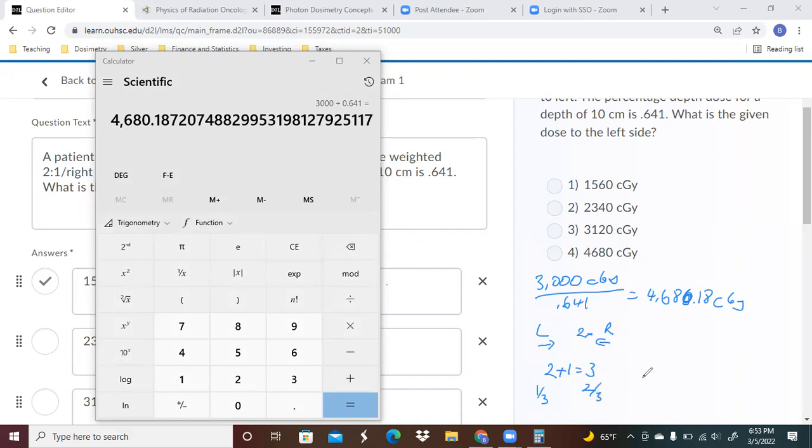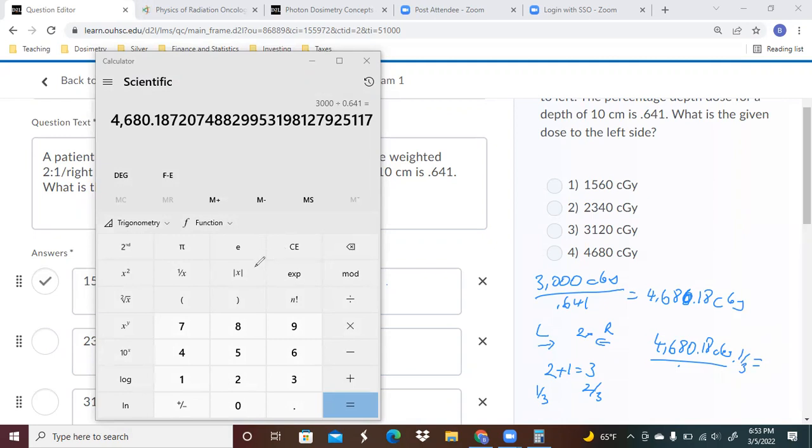The right side is going to have 2/3 of the weighting. That also means 1/3 of the dose is coming through on the left side, whereas 2/3 of the dose is coming in on the right side. That should lead you to conclude that I take the total amount of dose being delivered and multiply that by 1/3 or divide by 3, depending on how you want to write that.